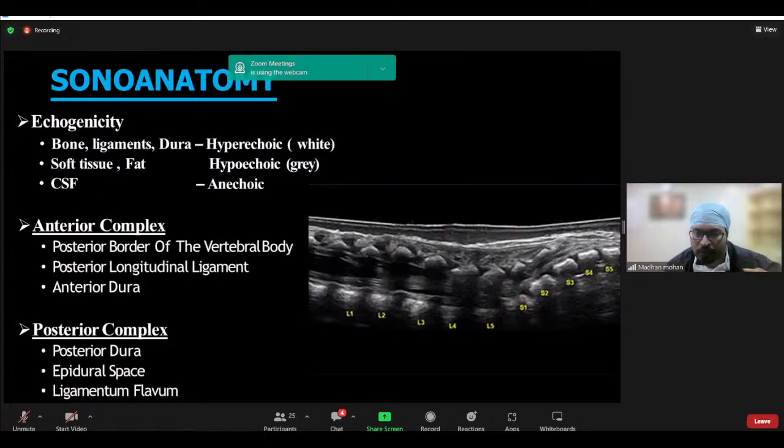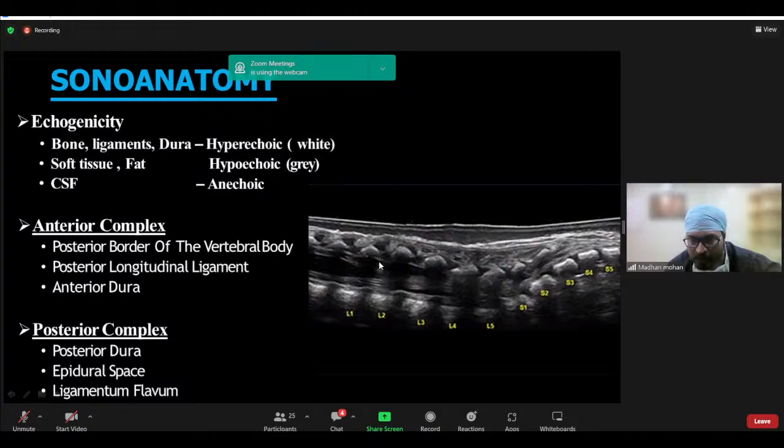So the posterior longitudinal ligament and the anterior dura form the anterior complex, whereas the posterior complex lies in this area. You can clearly see the superficial, or posterior-most, white hyperechoic line, which comprises the ligamentum flavum, and you can see a small space before the next hyperechoic line.